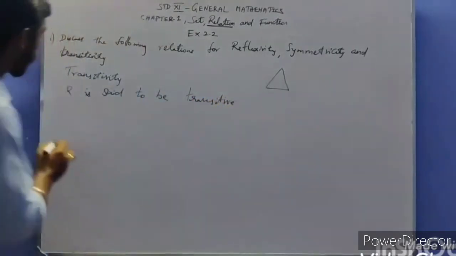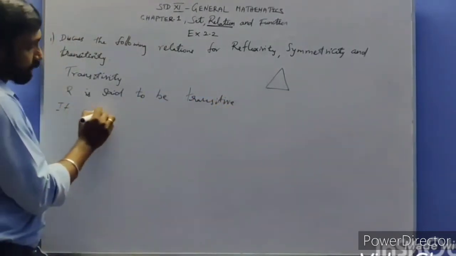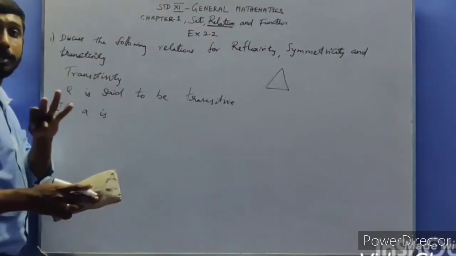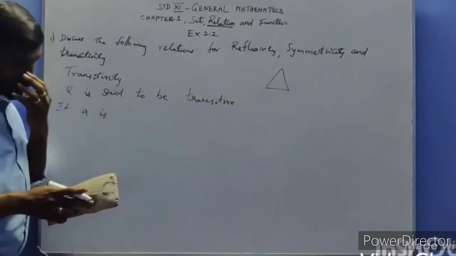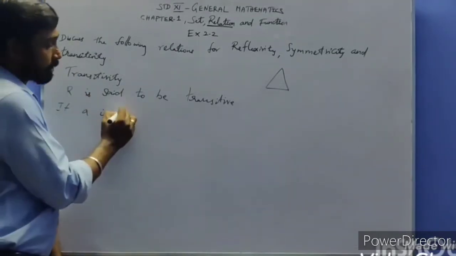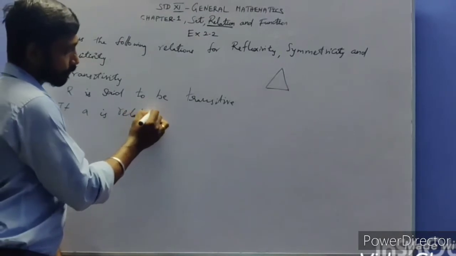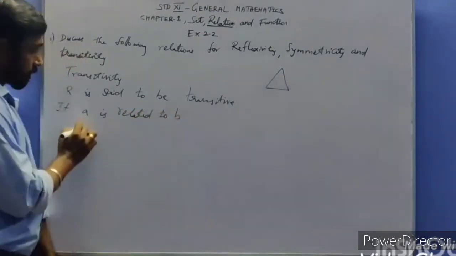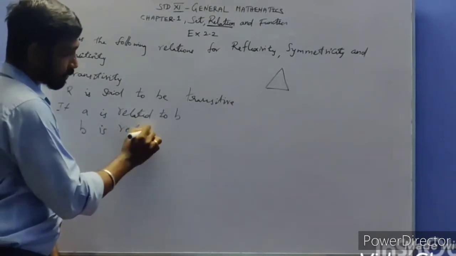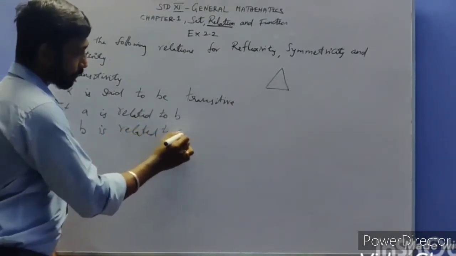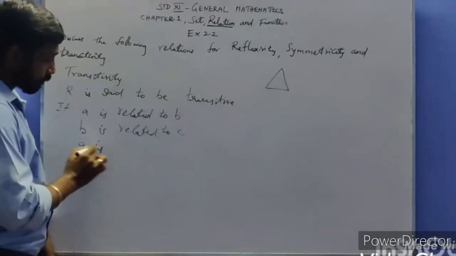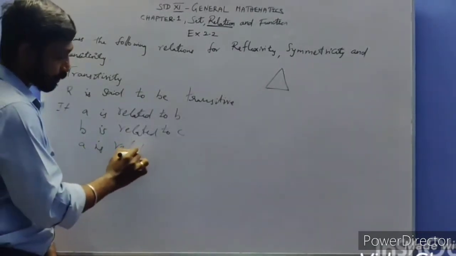Here, transitivity means one third person will be entered here. If A is related to B, B is related to C, then A is related to C also.